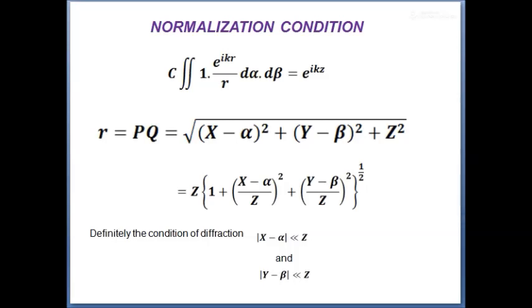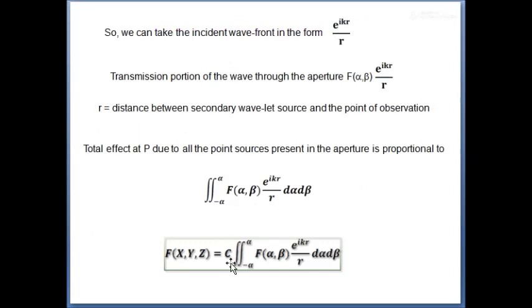the normalization condition is C integration of f(alpha, beta) equal to 1, because we are considering only the regions within that aperture.